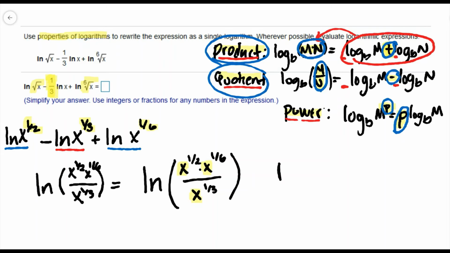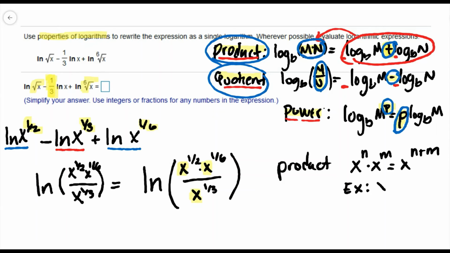So the product rule for exponents says that if you have x to the n power times x to the m power, you're going to add those exponents. So for example, if you had x cubed times x squared, that's x to the 5th power. You're multiplying expressions with the same base, so you add those exponents together.